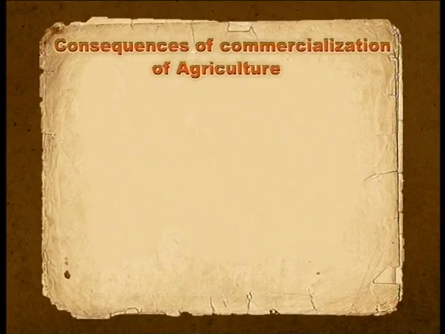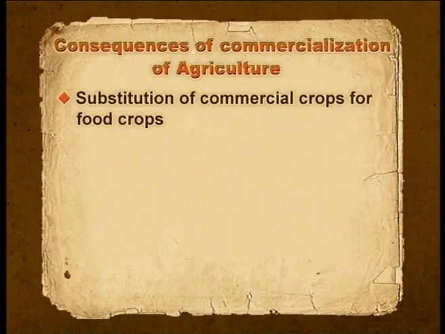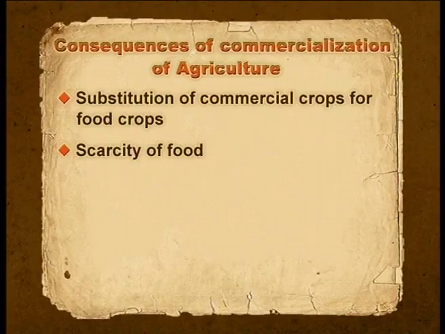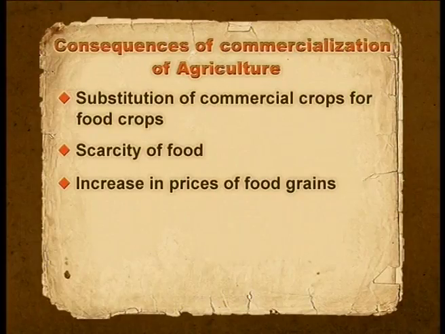So the consequences of the commercialization of agriculture, as I told you, there was a substitution of commercial crops for food crops. So once you shift from food crops to commercial crops, naturally there will be scarcity of food. The farmer was not producing for his self-sufficiency, but he was trying to sell for the market. So this increased prices of food grains because there was shortage of food grains.